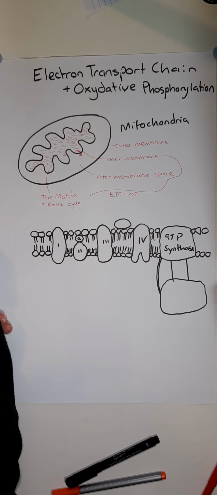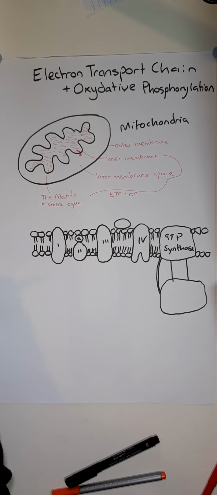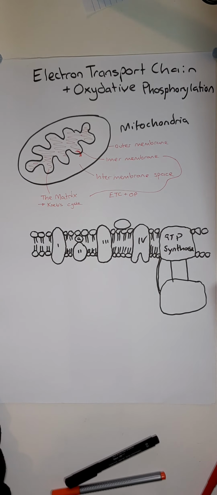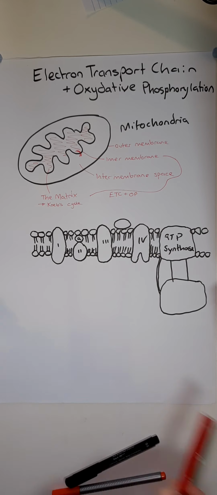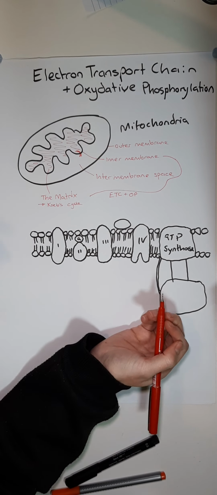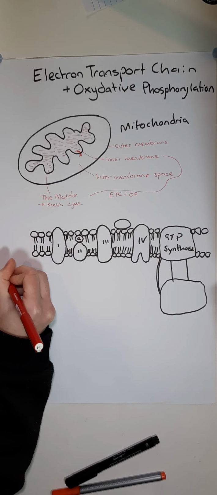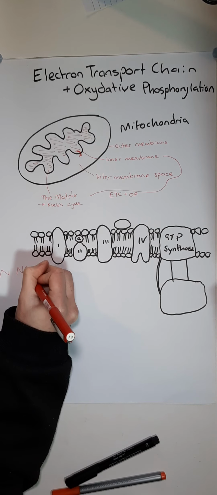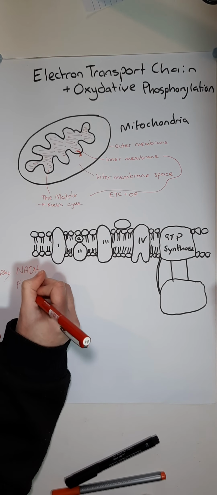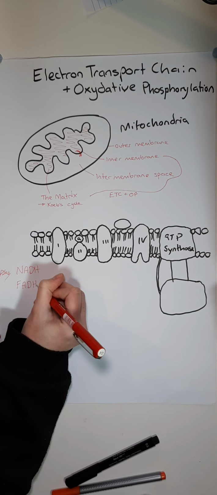Cool. Now let's find out what happens in this space as we have the electron transport chain active and oxidative phosphorylation creating ATP. So let's start with our wee friends from before that were created during the Krebs cycle and glycolysis and various stuff. We've got our NADHs, and we've got our FADH2s.